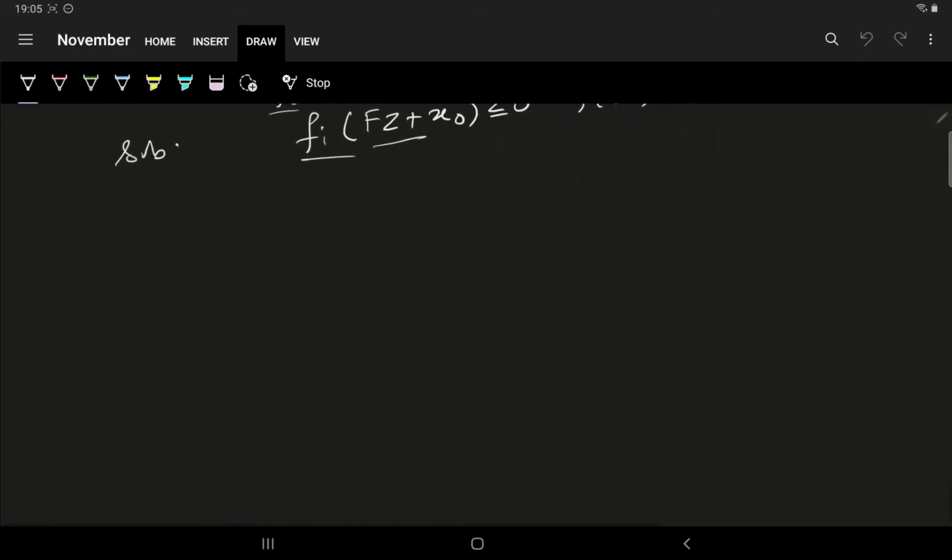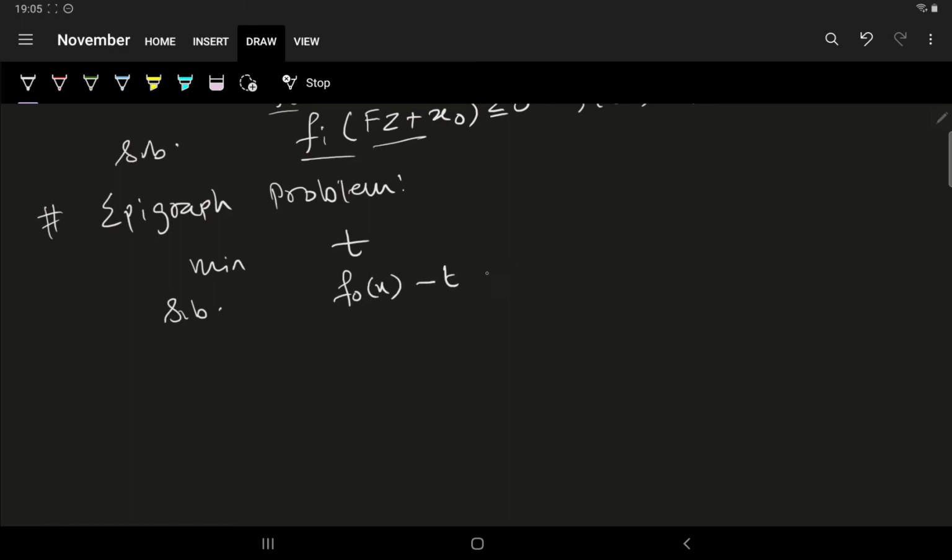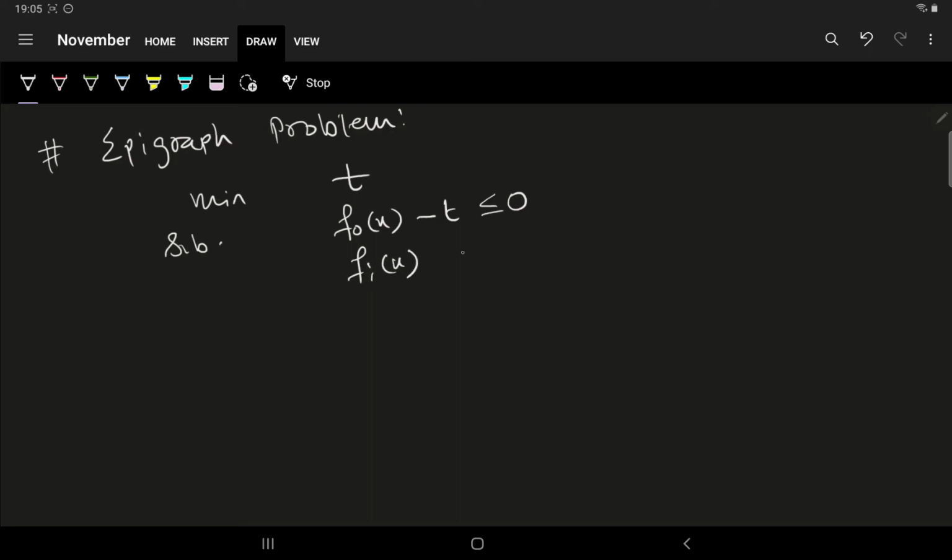And we can also see another one, the epigraph problem. We rewrite the convex optimization problem as an equivalent epigraph problem, where we minimize t subject to f naught of x minus t less than or equal to 0, f i of x less than or equal to 0, and the affine equality constraints Ax equal to b.